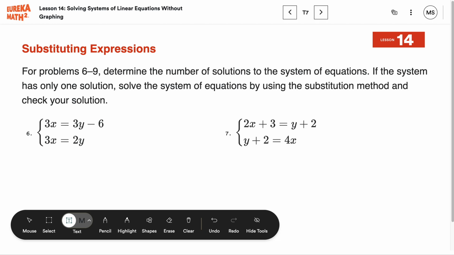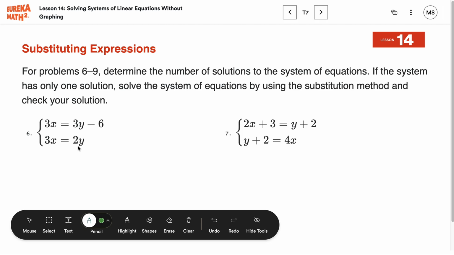One way is to still, of course, use substitution, but this time we can still write it in one variable. And here on this first equation, these both start with 3x. So in this one, we're being told 3x equals 3y minus 6. This one, 3x equals 2y.